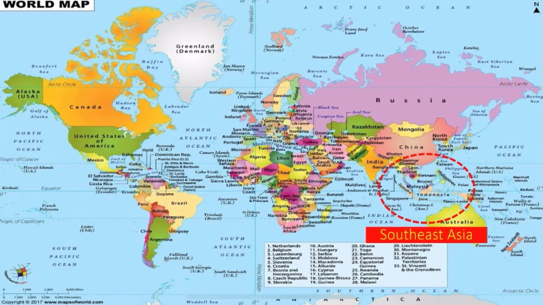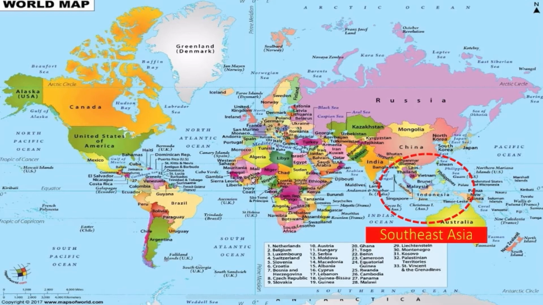In this world map, we can see that there is a red circle that points out Southeast Asia. Southeast Asia is a vast sub-region of Asia, roughly described as geographically situated east of the Indian subcontinent, south of China, and northwest of Australia.